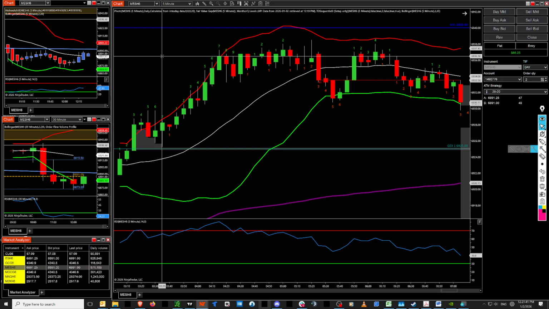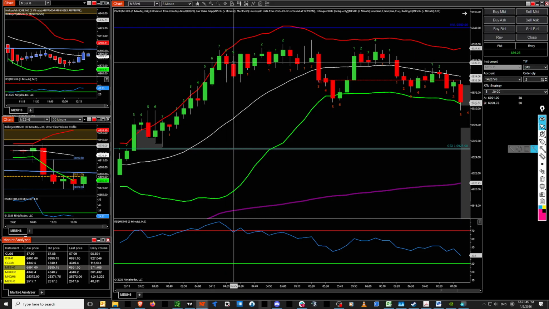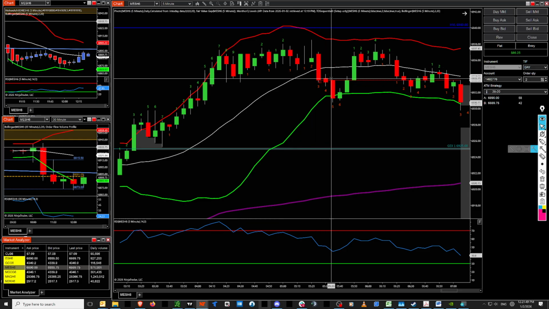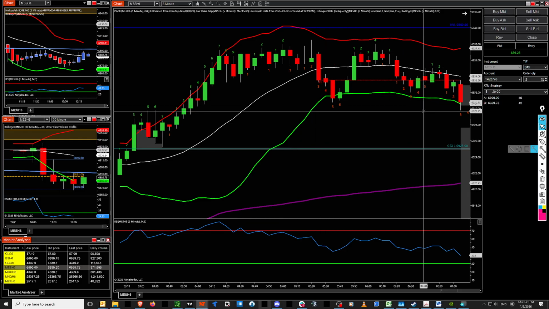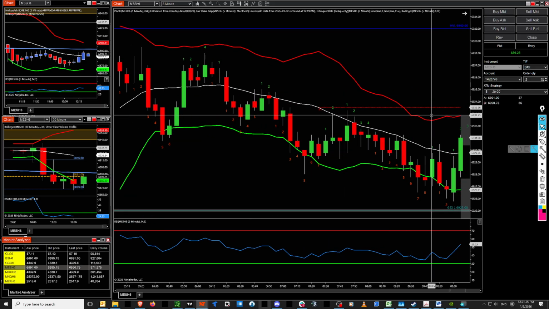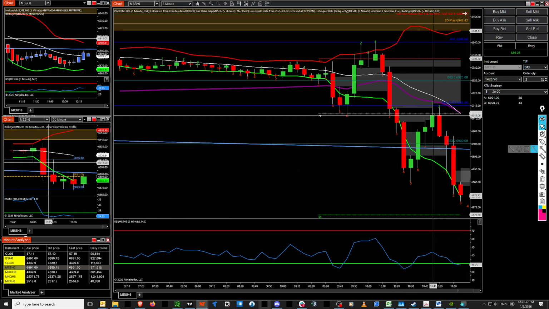I very likely would find a reason. There would be some liquidity it grabbed here from an earlier part in time, and then the sellers start taking over.